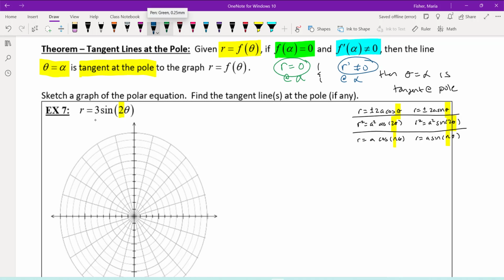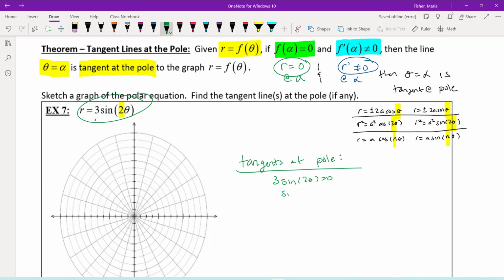The first thing I'm going to do is set the given function equal to 0. So for these tangents at the pole, I have to start by setting the function, in this case 3 sine of 2 theta, equal to 0. Solving for theta, I divide by 3, and then the sine of 2 theta is equal to 0.